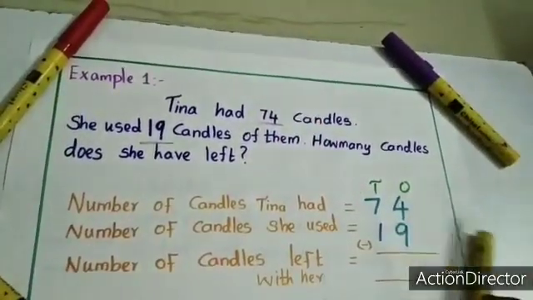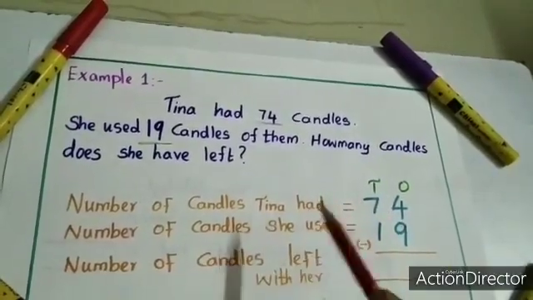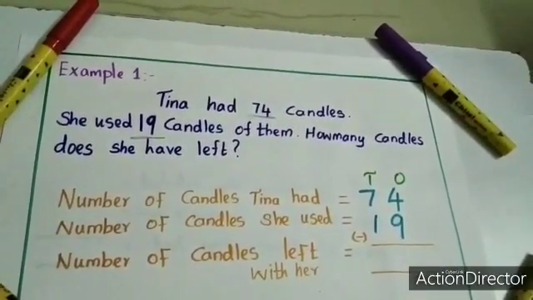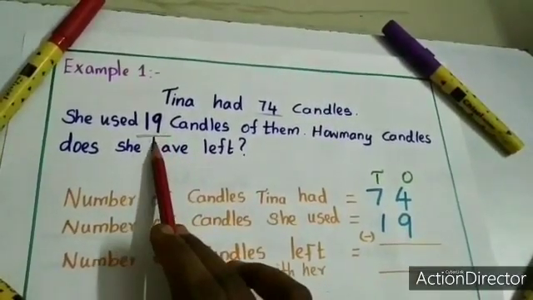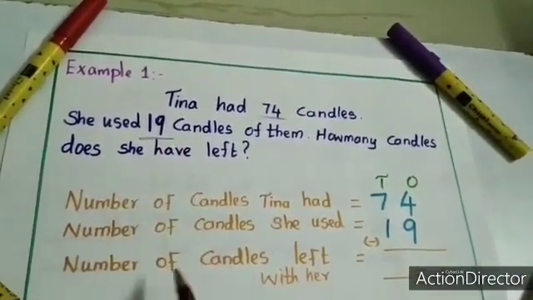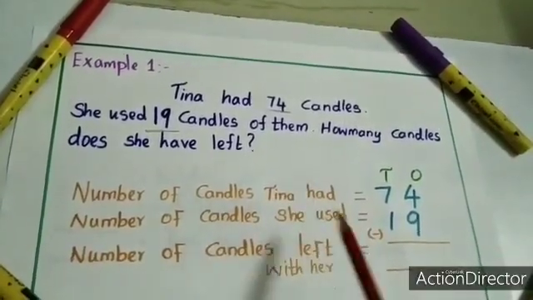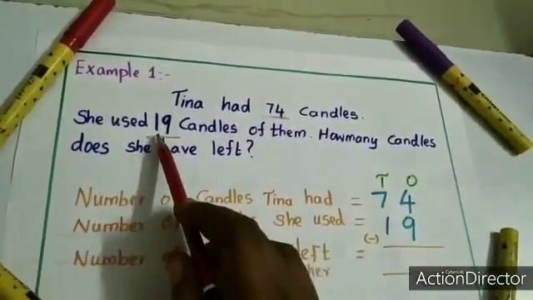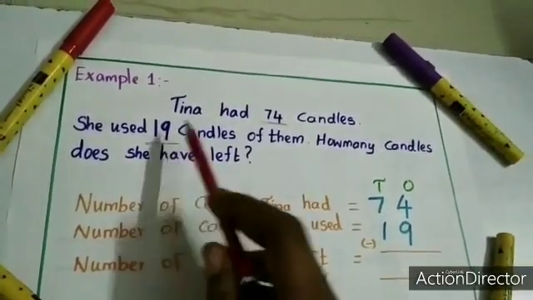So, we write 7 tens and 4 ones. Next, how many candles did Tina use? Tell me, children. Yes, 19 candles she used. So, we write the number of candles she used. How many? 19. So, 19 means 1 is in the tens column, 9 is in the ones column.